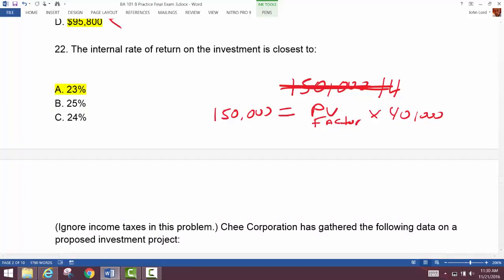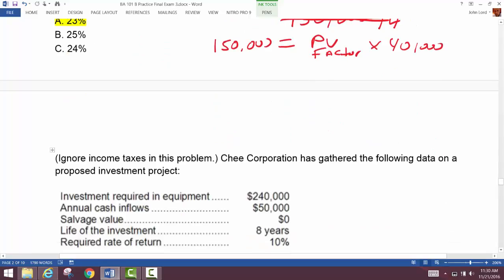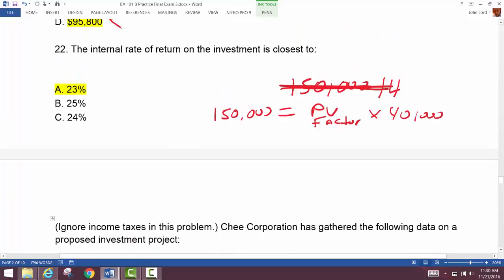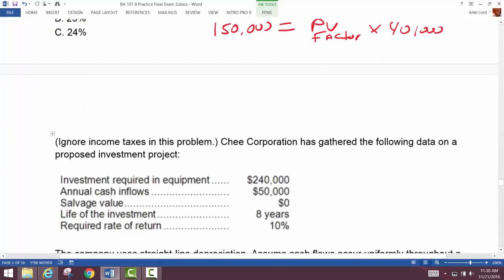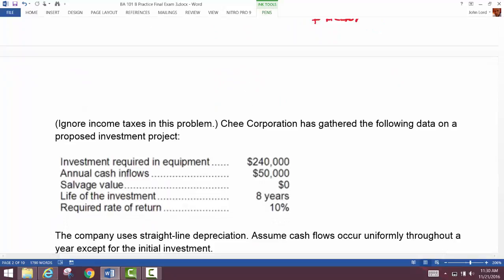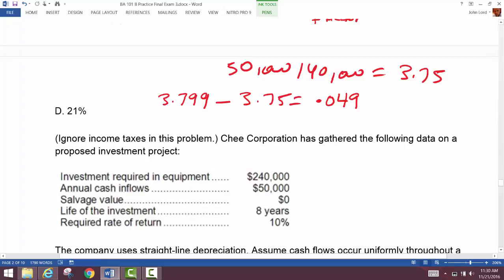Going back to my calculations here, which have now decided to disappear on me. Where did my calculation go? There it is. Where was it now, Omar? 3.682.